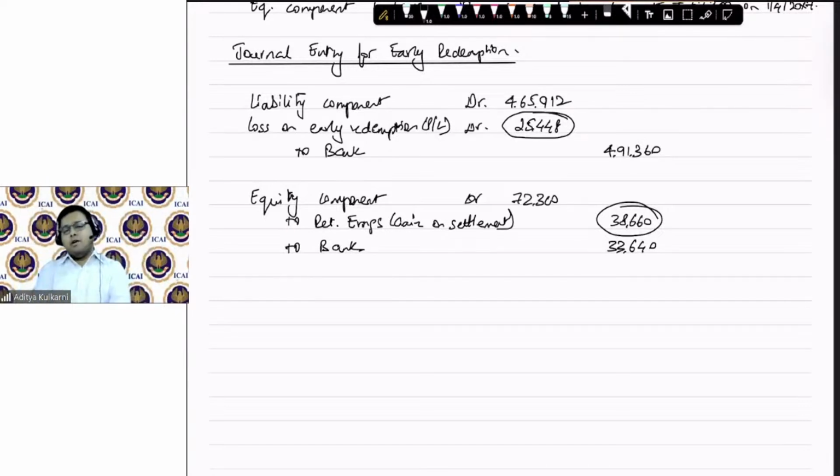Are we clear about this? Equity component balancing figure goes to retained earnings, whereas liability component balancing figure goes to the P&L. Are we clear? Anybody has any doubts so far?